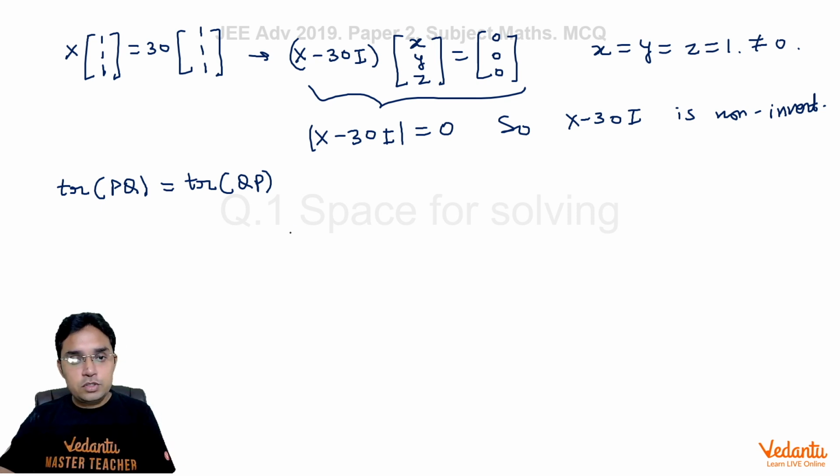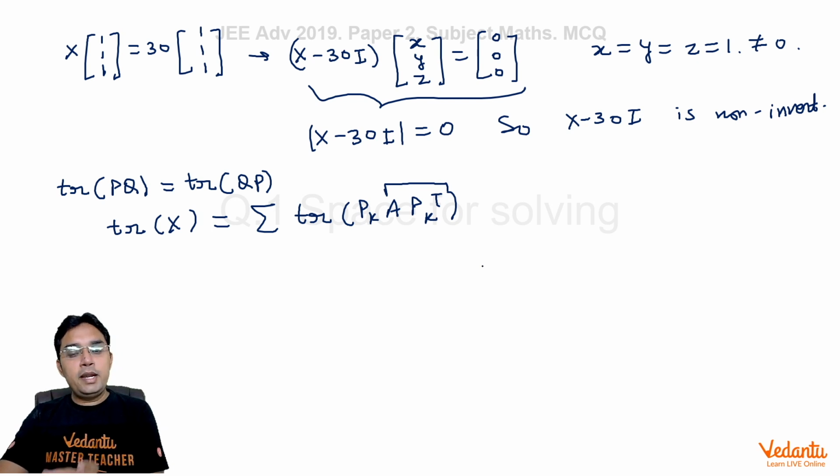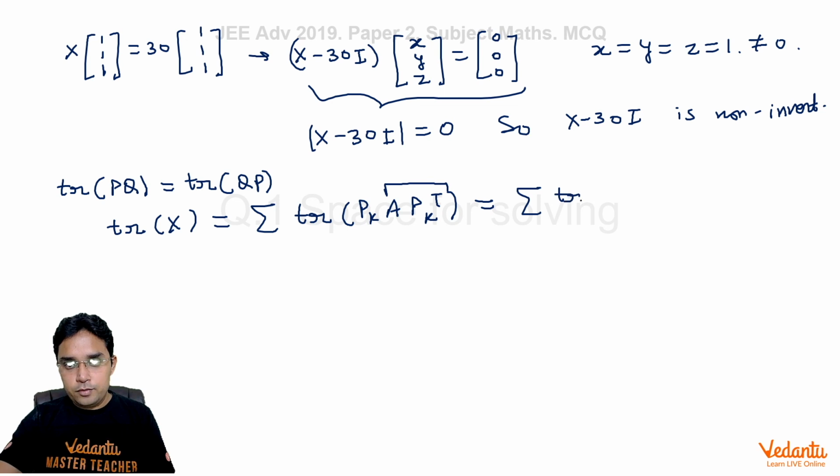Now I am going to use this property to find the sum of diagonal elements of x, that is trace of x, and we can write this as sigma of trace of pk A pkt. So I can take A pkt as one matrix and pk as another, and using this, change their orders. So it will become trace of A pkt pk.